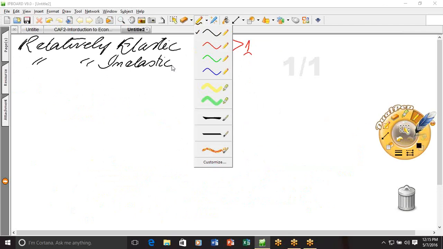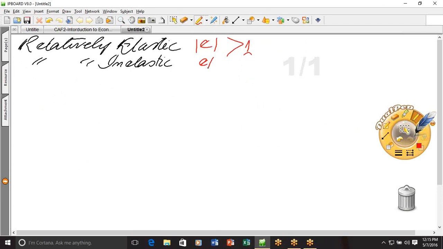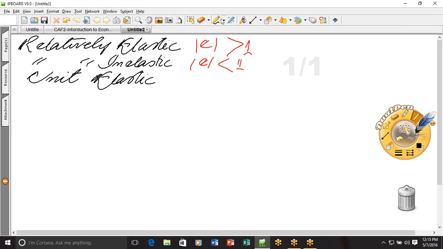Inelastic में it would be less than 1, and in unit elastic it would be equal to 1.